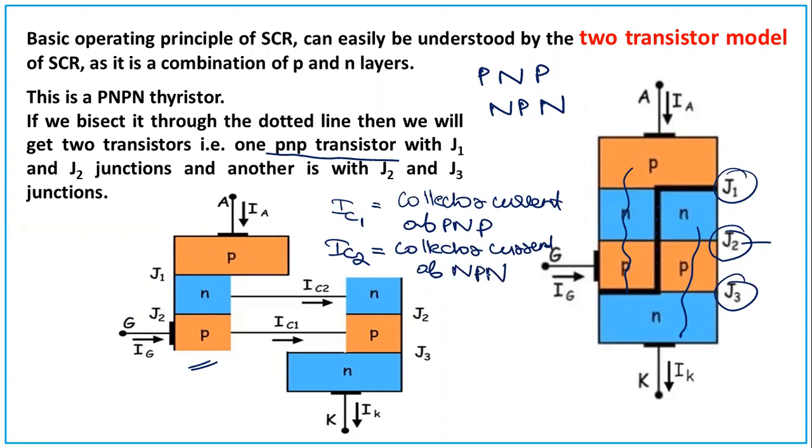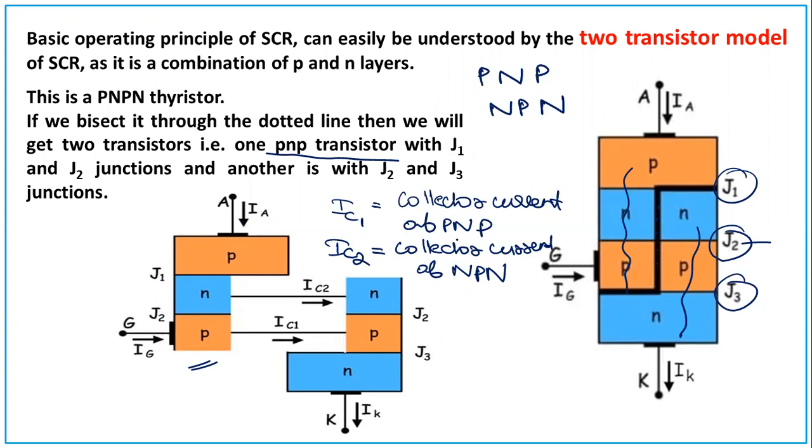So this much setup you have. SCR is a PNPN thyristor. That was bisected, and we have a PNP and an NPN, and you have two collector currents, IC1 for PNP and IC2 for NPN. So now we will see the rest of the things. This much I think is clear for you.